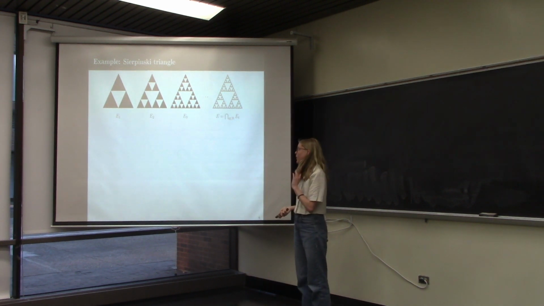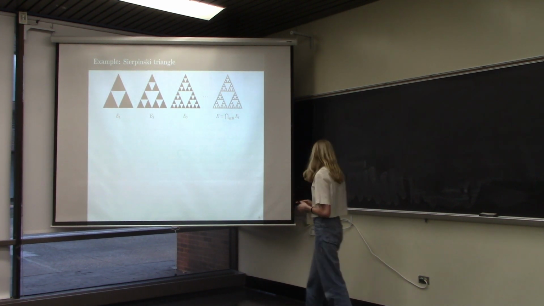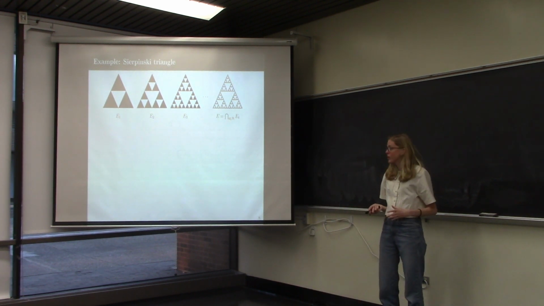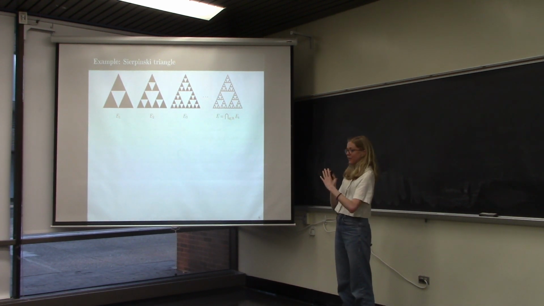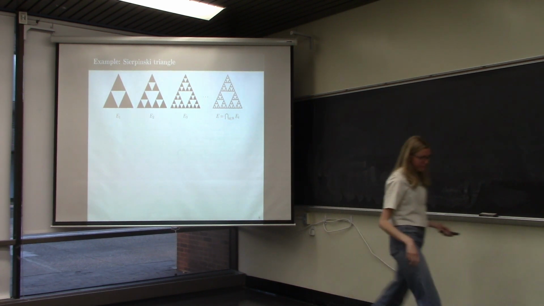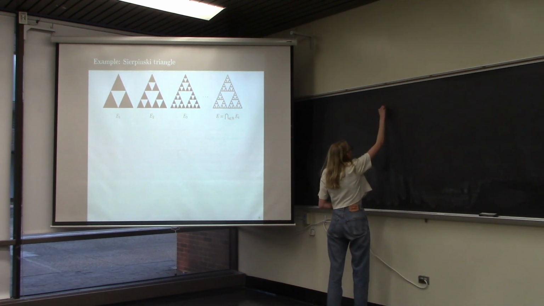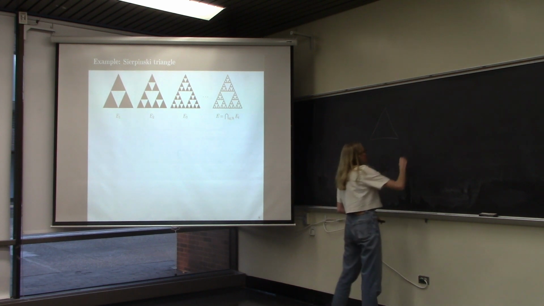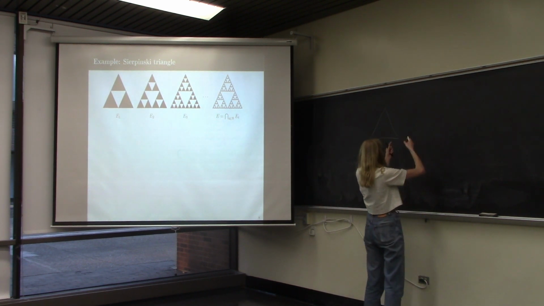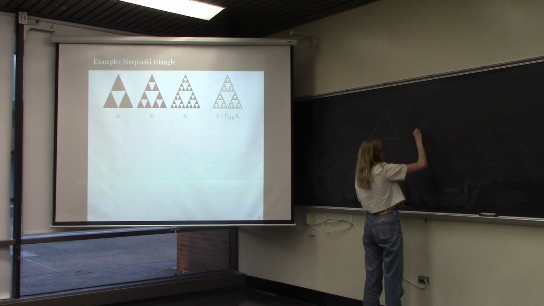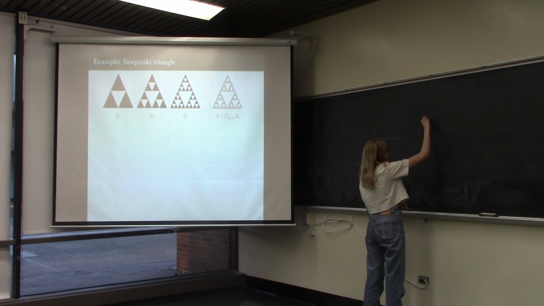Now what can we observe? Instead of deleting things, we can also say that we scale it and shift it. So we start with, maybe let me draw that on the blackboard. We start with this triangle. And then what we do is we scale it, so we make it half as big.